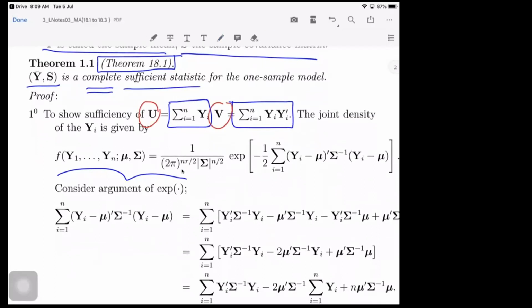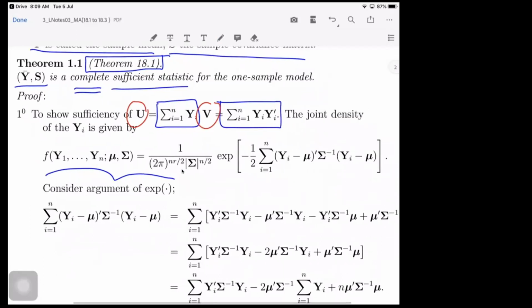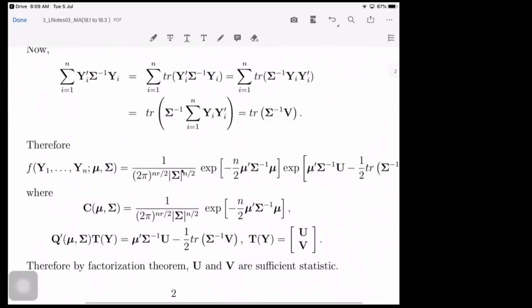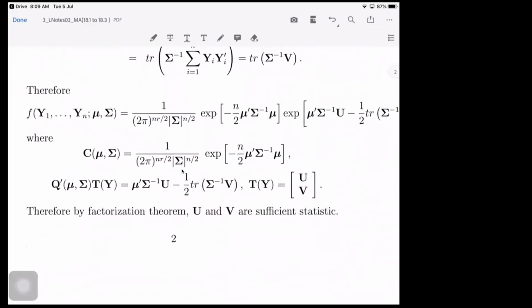Okay, so doing the argument of expanding and simplifying the joint density function, we see that we can write the joint density function as a function of u and a function of v.